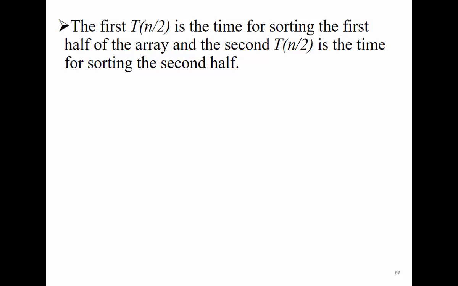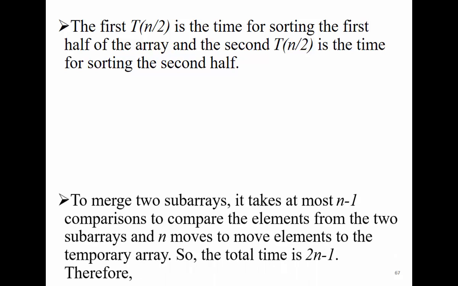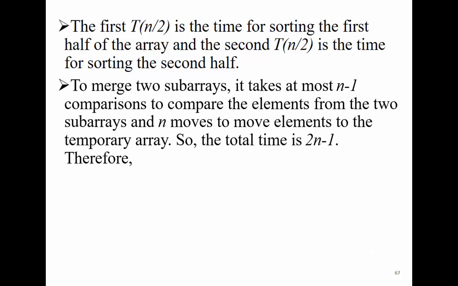So T of n over 2 is the time for sorting the first half, and another T of n over 2 is the time for the second. To merge two arrays, you need at most n minus 1 comparisons.